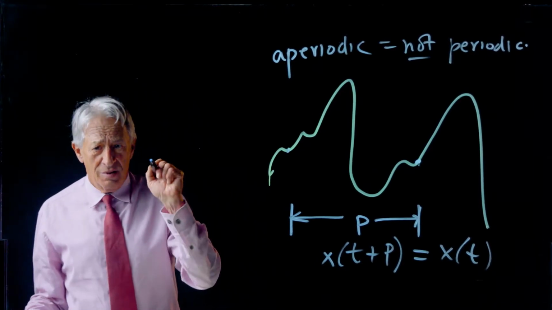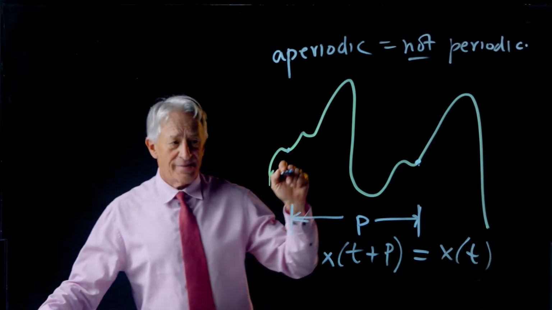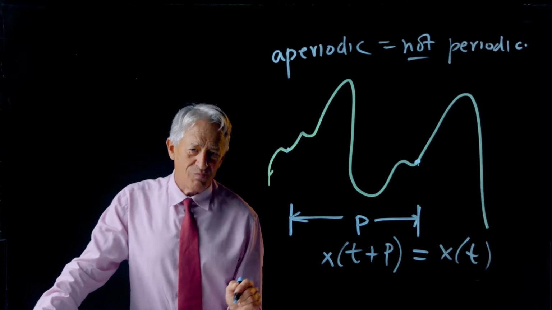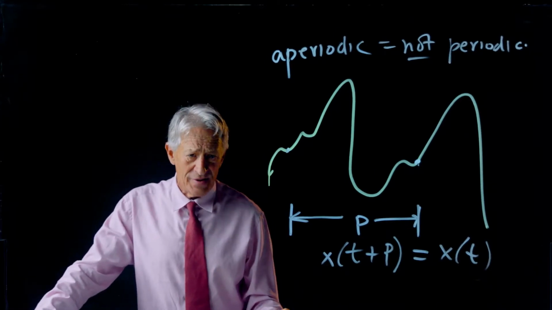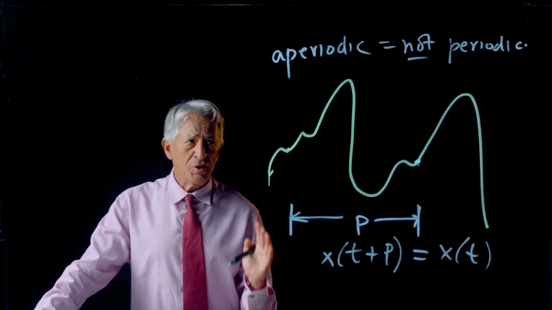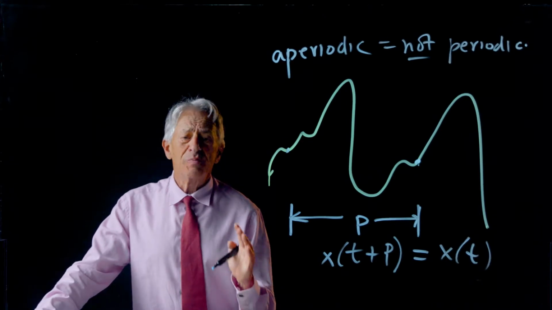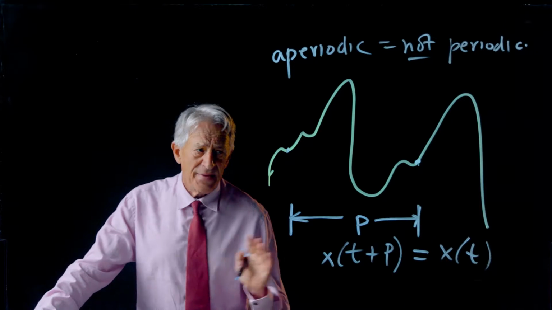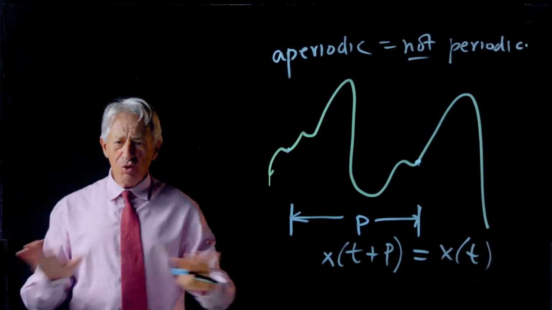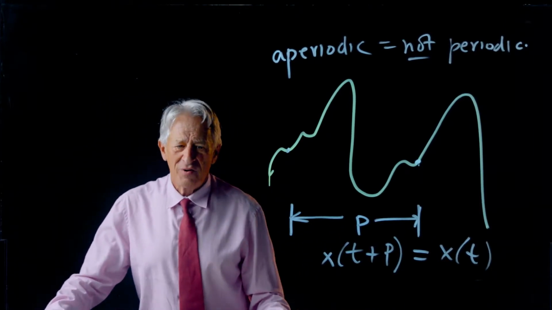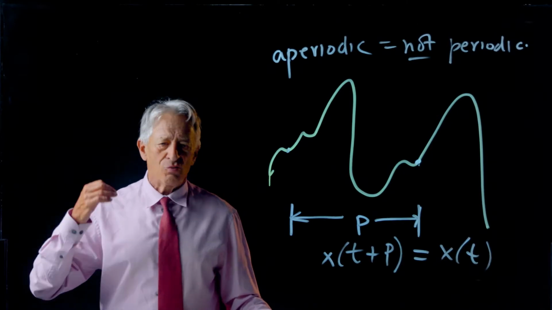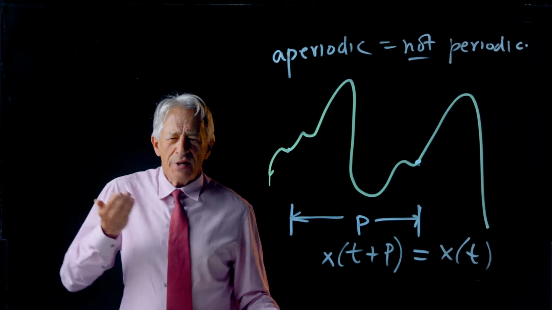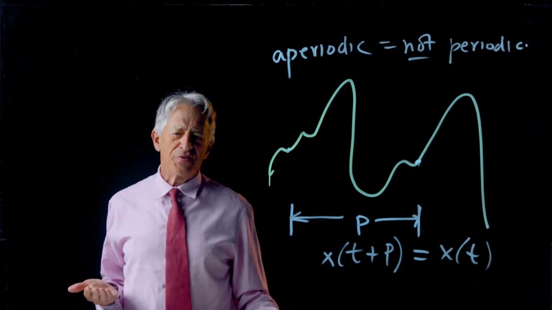X prime equals f of x, y, z. Y prime equals g of x, y, z. Z prime equals h of x, y, z. These are perfectly deterministic equations. And they have no room in them for anything like noise or randomness or any kind of irregular input to the system.